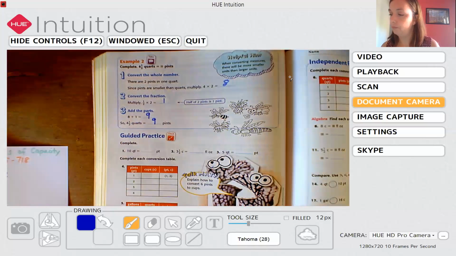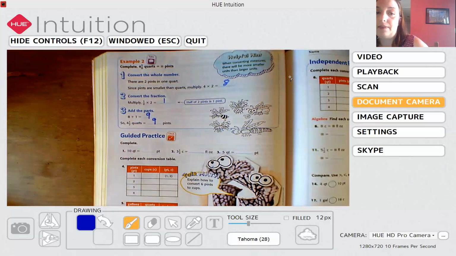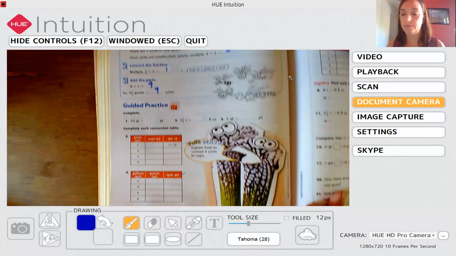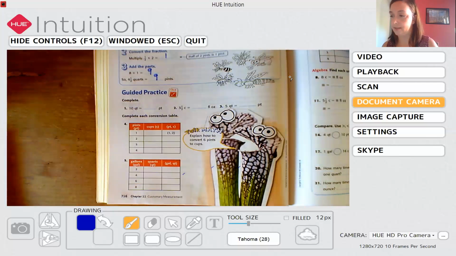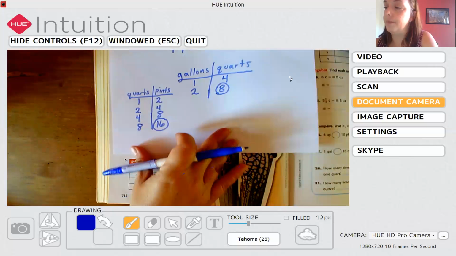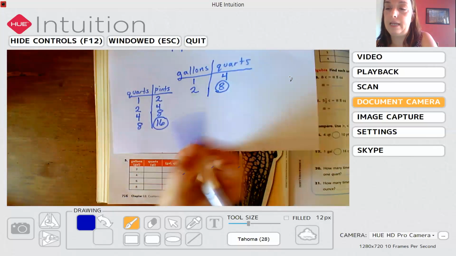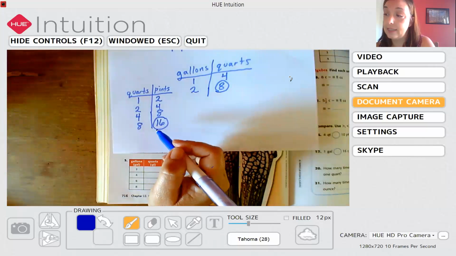All right. I'm going to go ahead and complete the guided practice with you. 10 quarts equals how many pints? I'm going to go back to my ratio table. I'm going to keep going back to the same ratio table, that way the work that I've already done isn't lost.